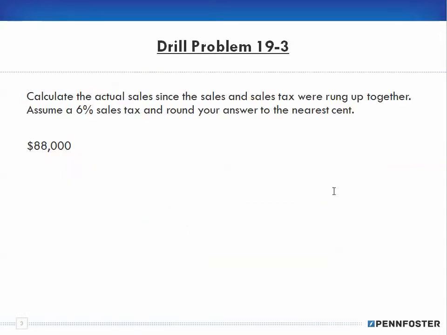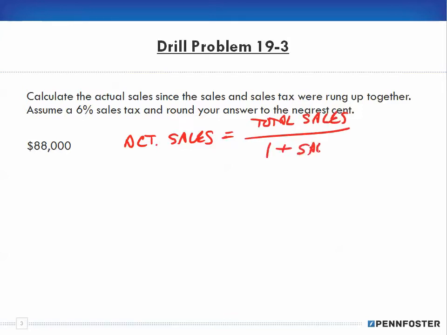Problem 19-3. Calculate the actual sales since the sales and sales tax were rung up together. Assume a 6% sales tax and round your answer to the nearest cent. Remember, in order to get your actual sales, the formula was actual sales equals total sale over 1 plus the sales tax percentage.